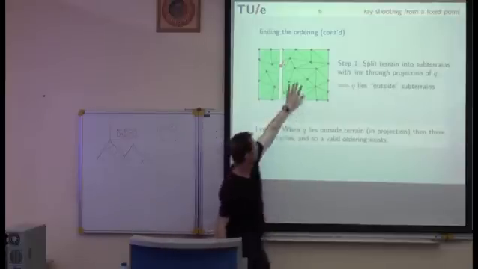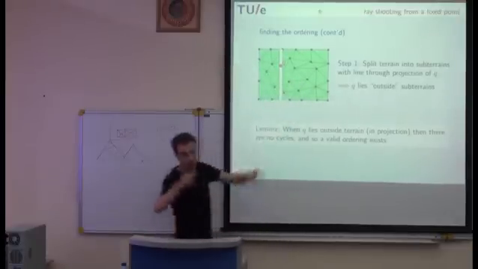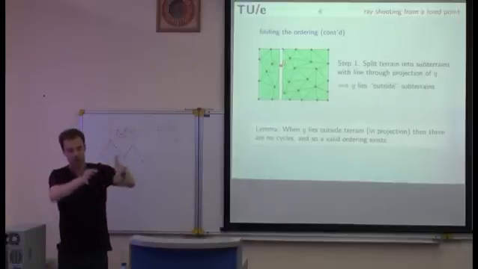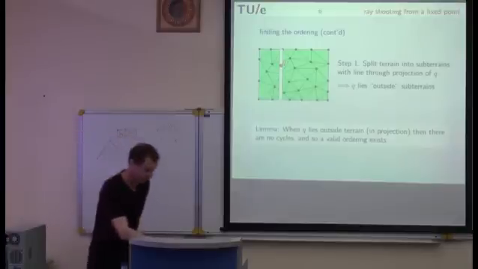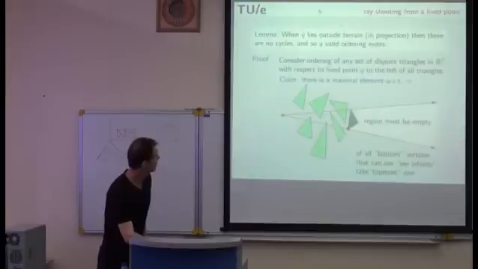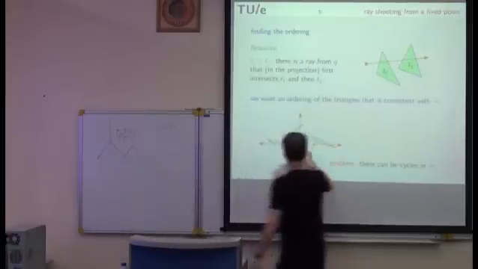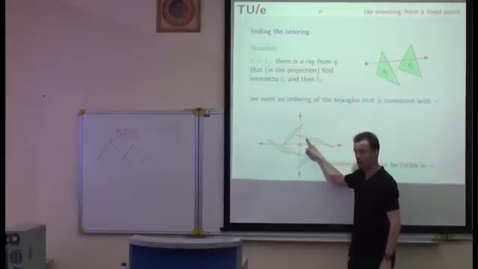Okay, so let's only look at this part and forget about this one. So now my point Q lies outside the convex hull of these triangles. So what I had before cannot happen anymore, because this was in the middle of these triangles.